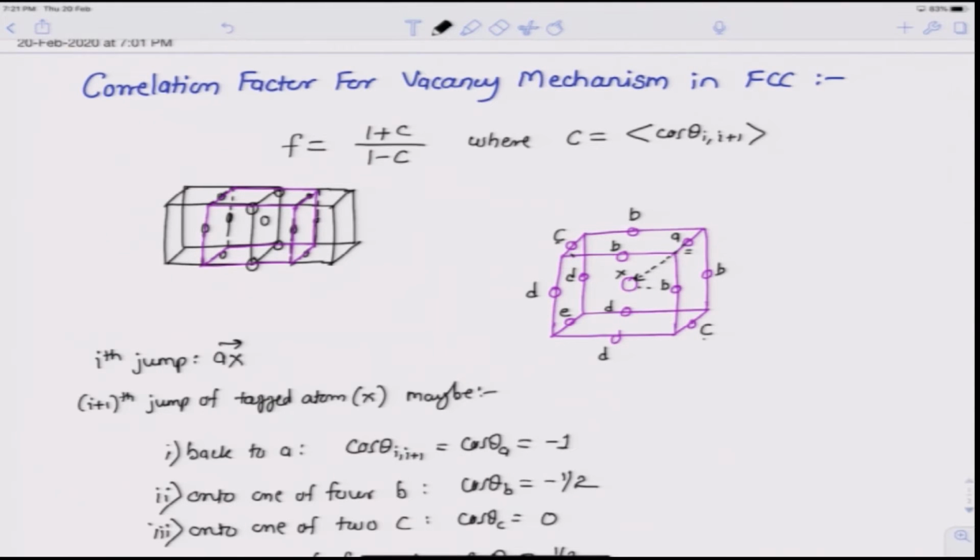Since the activation energy for the diffusion of a vacancy is much lower, the vacancy itself would make a large number of jumps before the X again exchanges with it. So, we need to find the probability that after making n jumps, the vacancy at A comes back to any one of this A, B, C, D and E type of sites.